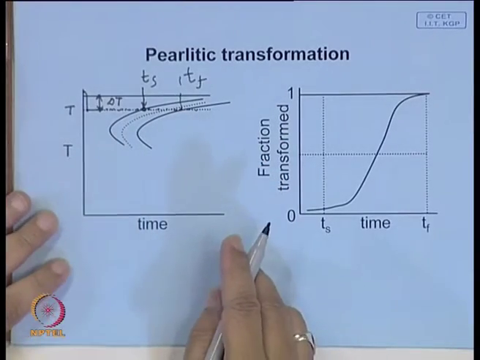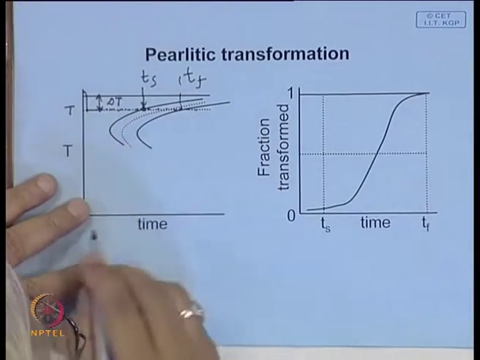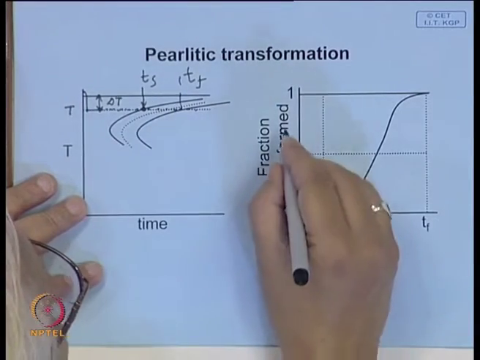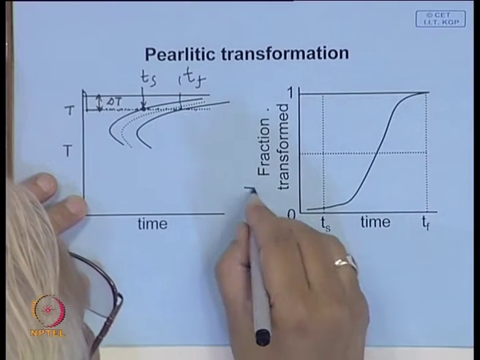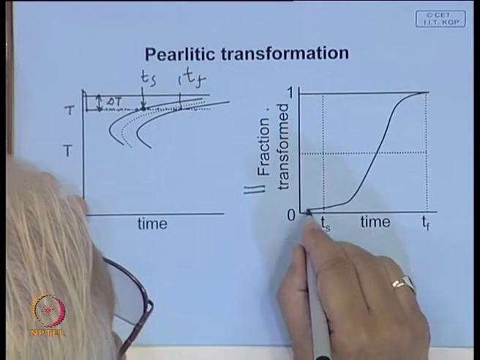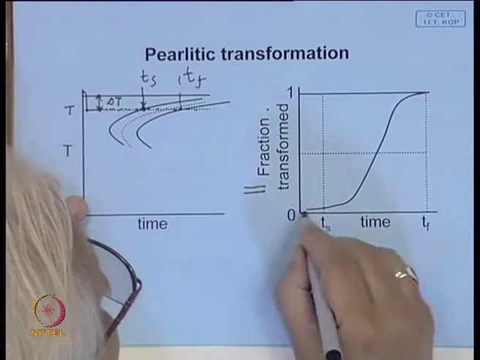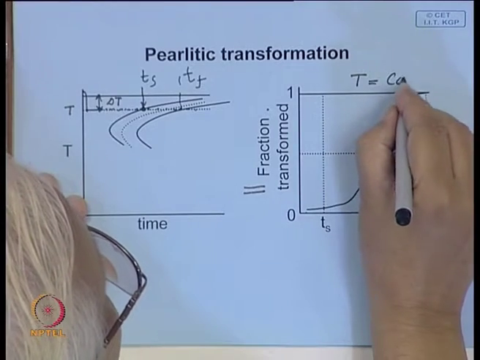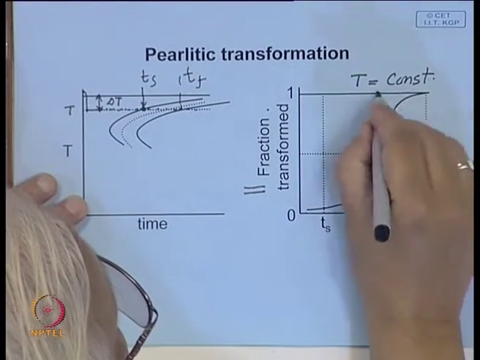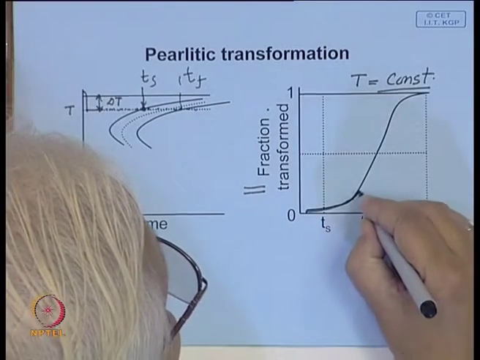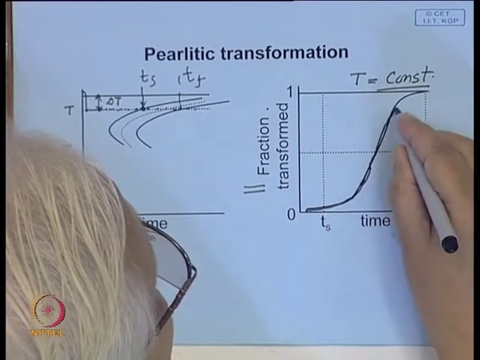And how does this volume fraction increase with time? If you generate a plot, you get something like this, you call this fraction transformed. And if you plot this fraction transformed, often you find that at a fixed temperature, T is constant, isothermal means constant temperature, this is the type of plot that you see.